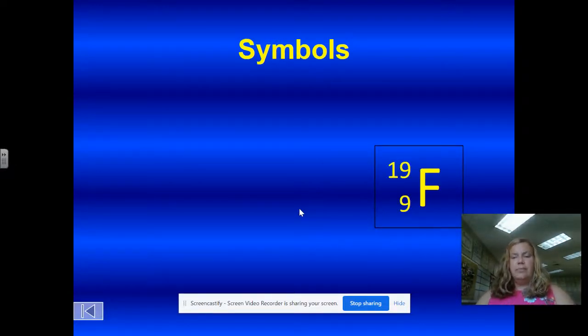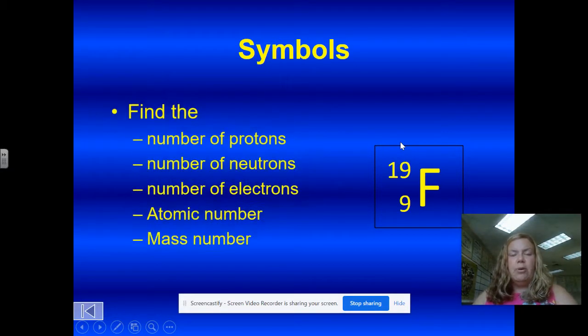We have fluorine, and we refer to this as fluorine 19, because that's the mass number of this particular fluorine. So what we want to do is find the number of protons, neutrons, electrons, the atomic number, and the mass number. Looking at this right here, our atomic number is 9, so that tells us the number of protons is 9.